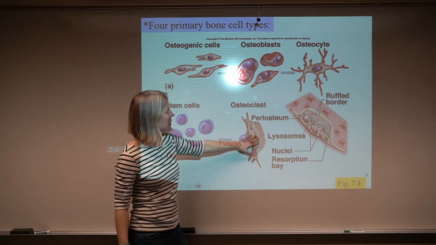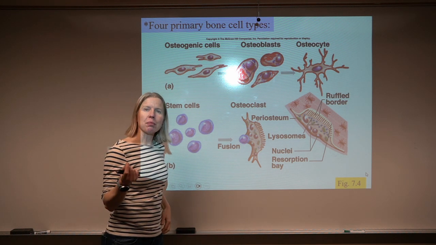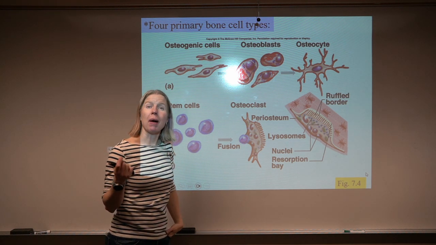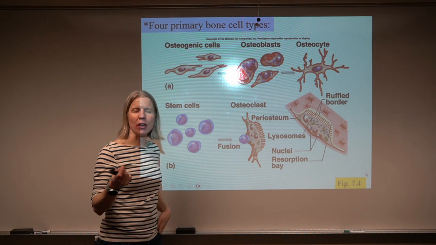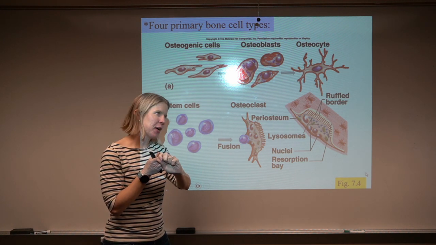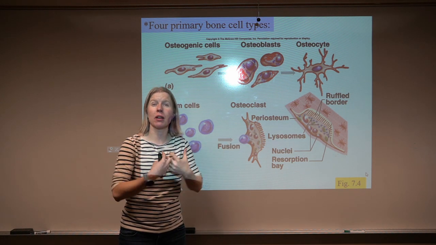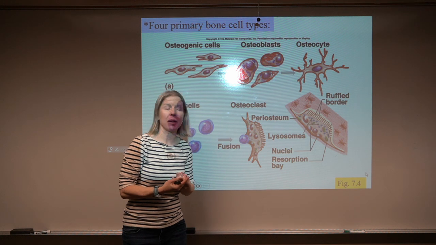So here, what we see is this really interesting cell. It's actually more related to monocytes, right, to white blood cells. We talked about some monocytes becoming macrophages, right, white blood cells that protect you from invading microbes.